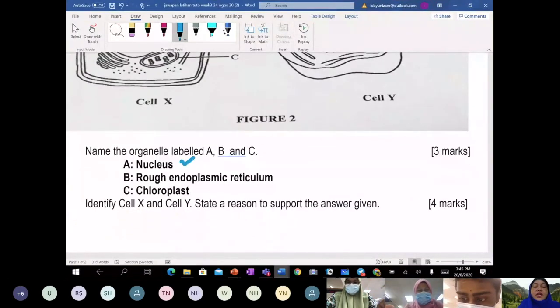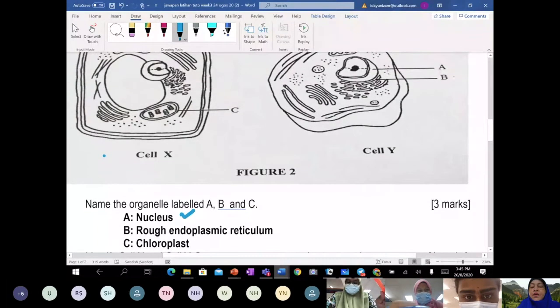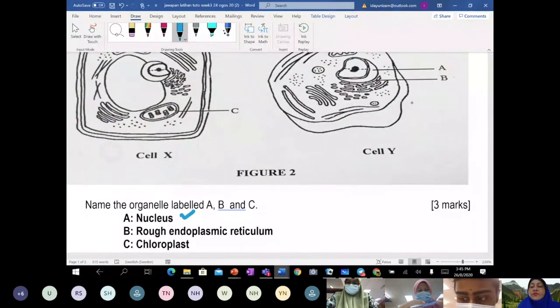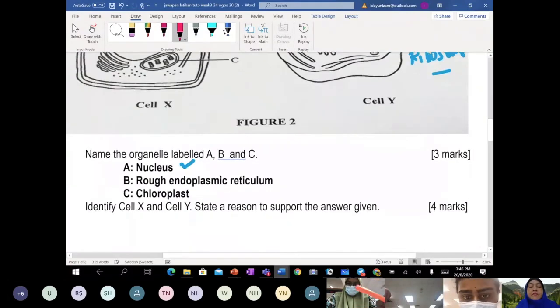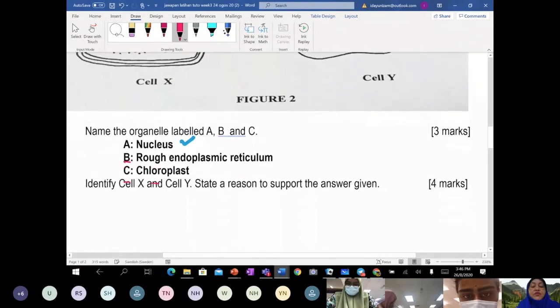A is nucleus, B is rough endoplasmic reticulum. Why is it rough? Because of the presence of ribosome. The presence of ribosome makes B a rough endoplasmic reticulum. C is chloroplast.